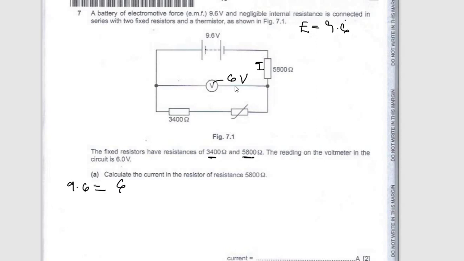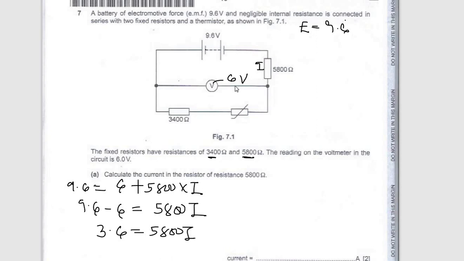That will be 6 volts plus 5,800 multiplied by I. So from here, I have 9.6 minus 6 equal to 5,800 I. That's 3.6 equal to 5,800 I. So I is 3.6 divided by 5,800. That gives 6.2 times 10 to the minus 4. That's it.